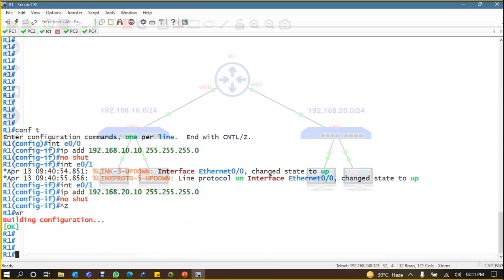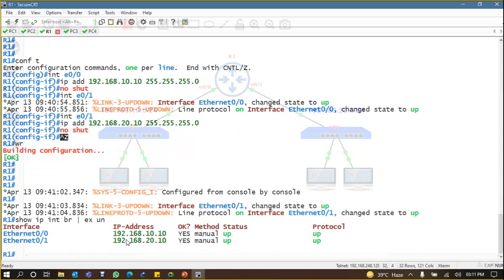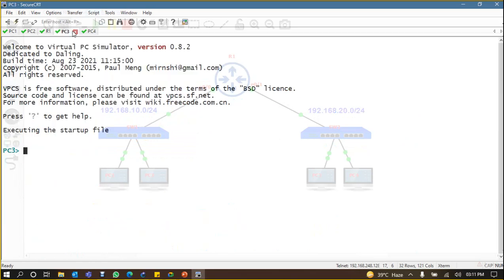Save it, Control Z. Now we can verify: show IP interface brief, excluding unassigned. See, the IP is okay.